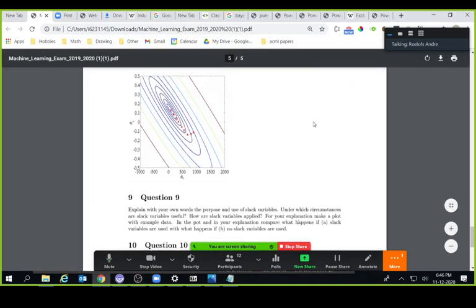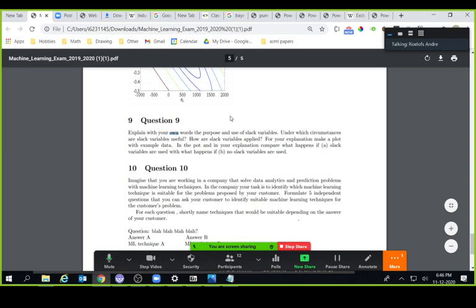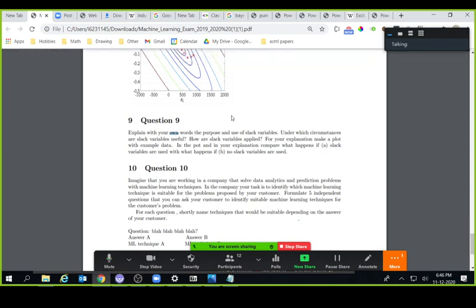The question 9, right? Explain the word's purpose. Okay, so what don't you understand? Yeah.